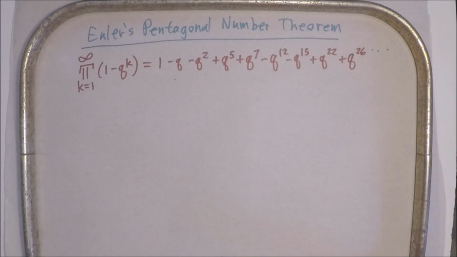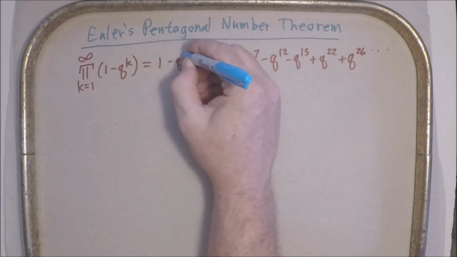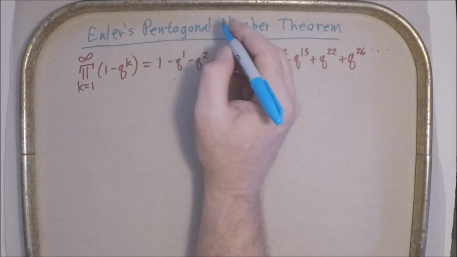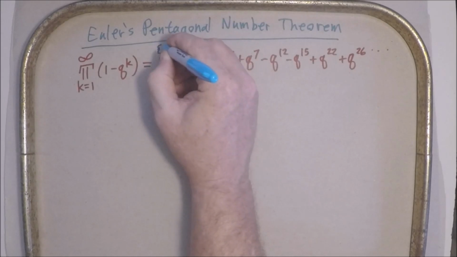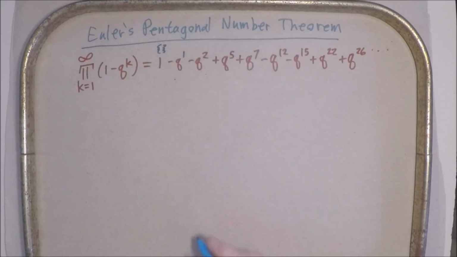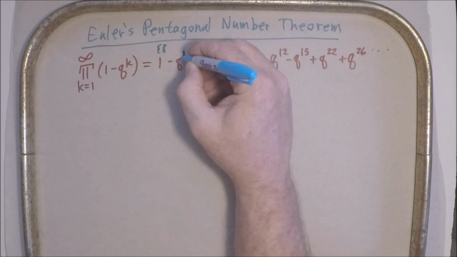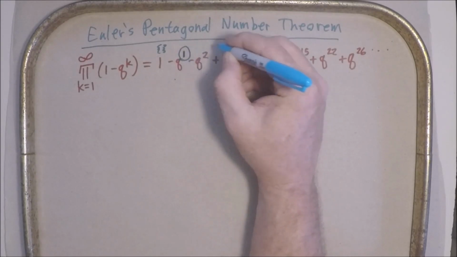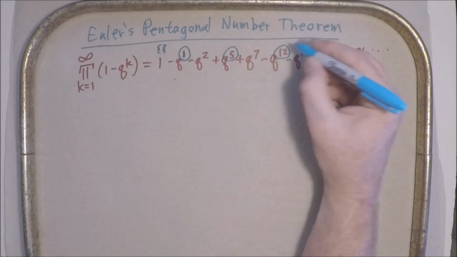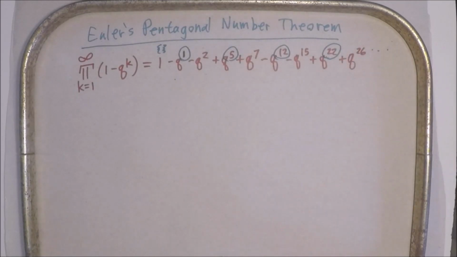And what he observed is that these numbers, where this is 1, corresponding to the empty set, k equals 0, starting with 1, and then going every other one, 5, 12, 22.